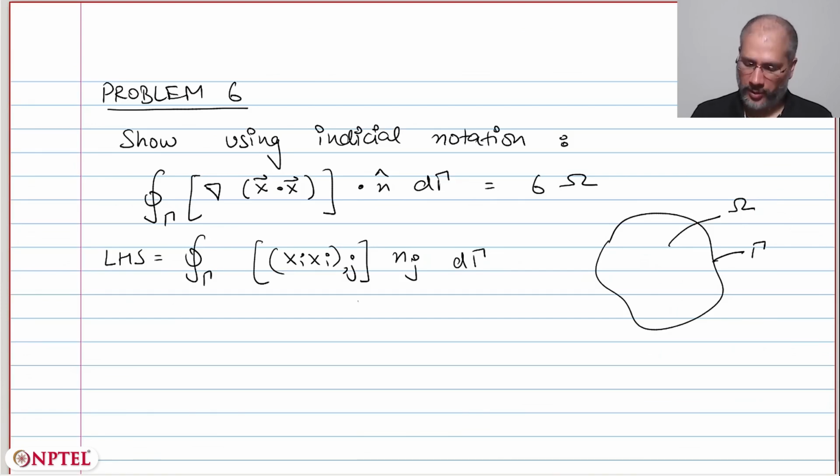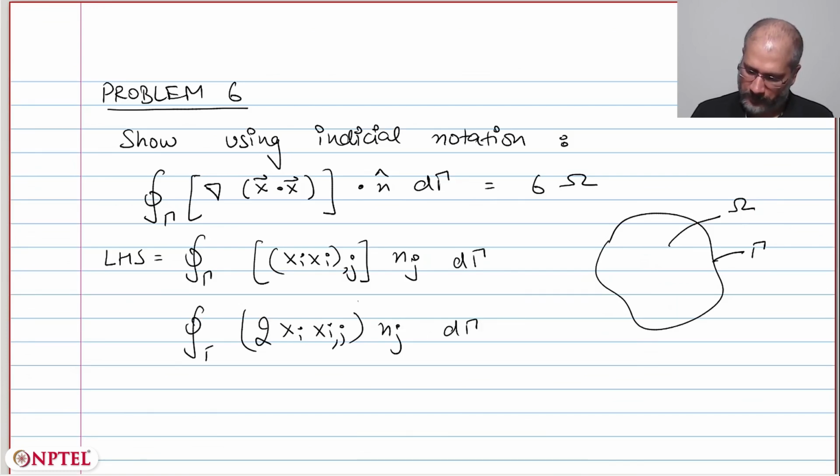So let's simplify this. So xi xi comma j using the product rule becomes xi comma j times xi plus xi comma j times xi. It's a symmetric thing, so this is basically just twice of this, times nj. Now xi comma j is simply a delta ij, as we had shown earlier, because xi comma j is simply del xi by del xj, and xi's are the coordinate directions.